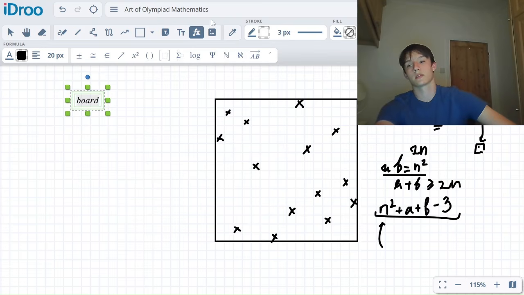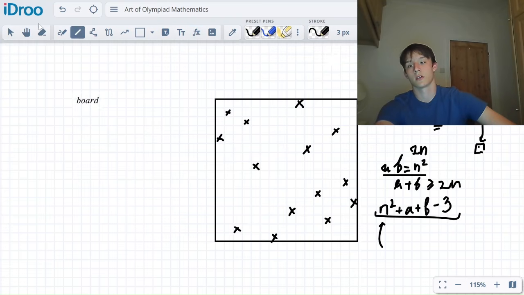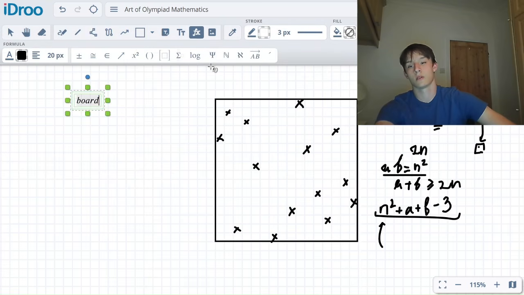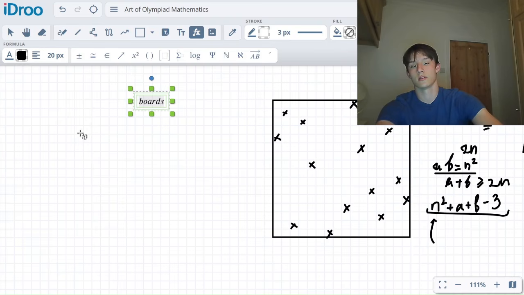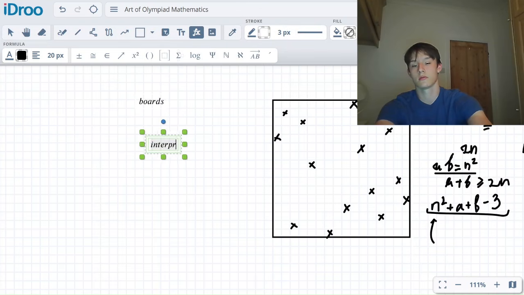Board problems can have a couple of interpretations. This is what I usually do. If you watched my mind map video, then you might know what I'm talking about. It's like a little mind map. So if we talk about interpretation of board problems, there are a couple.